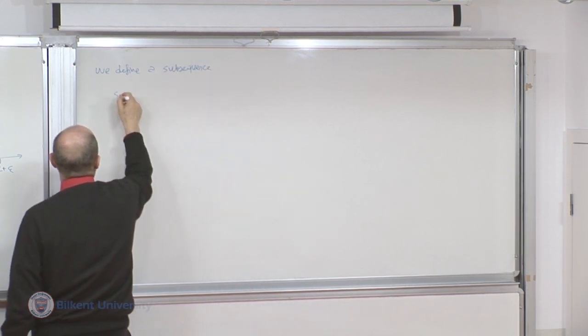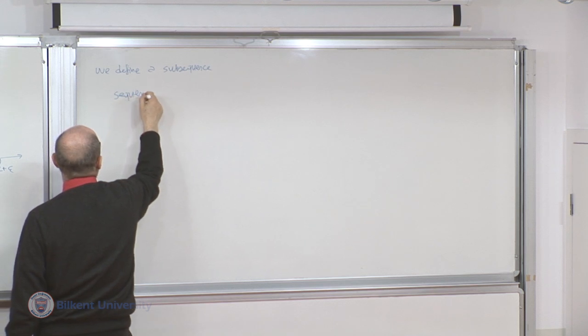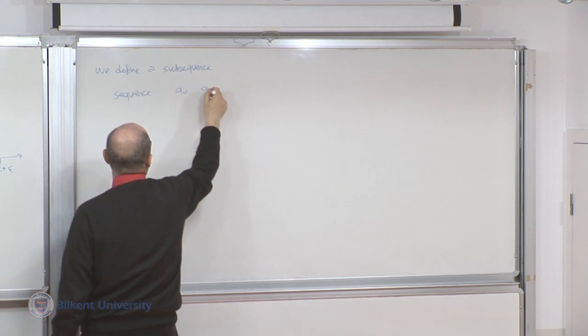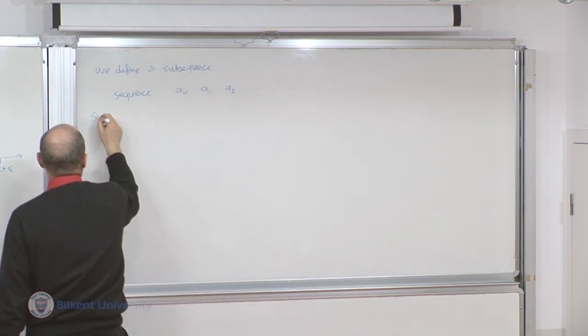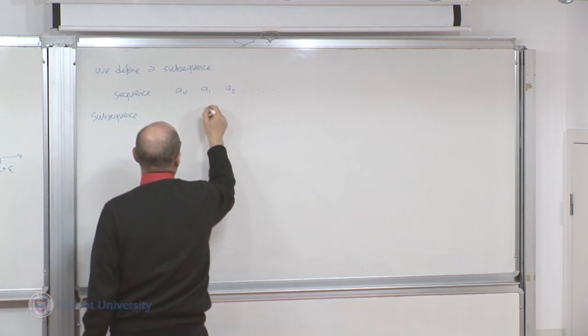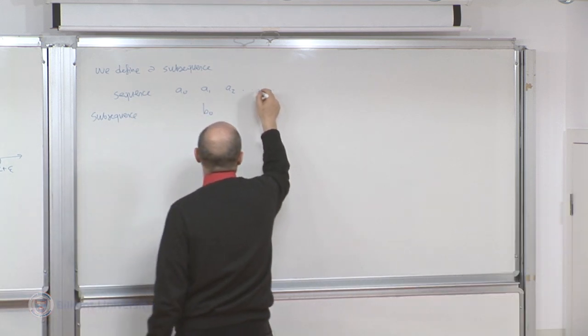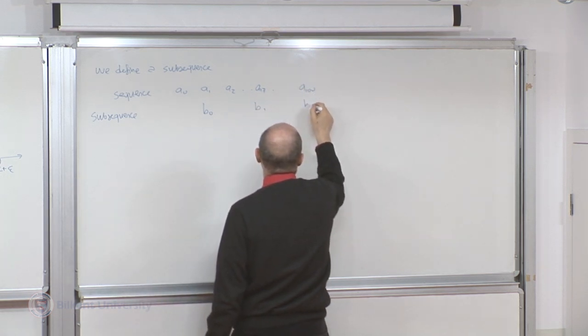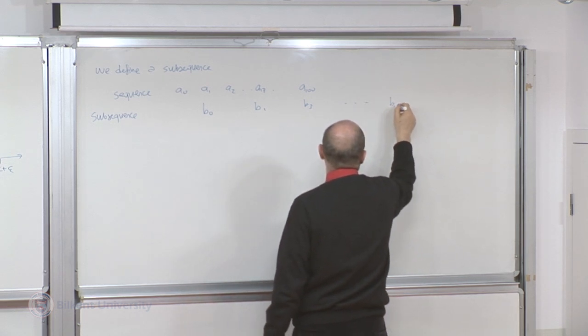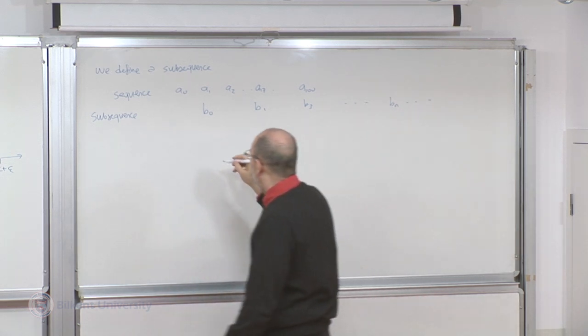So we have our sequence, say A0, A1, A2, etc. A subsequence: you choose this one, you call it B0. You choose A17, you call it B1. You choose A100, you call it B3. So like this you make a choice.